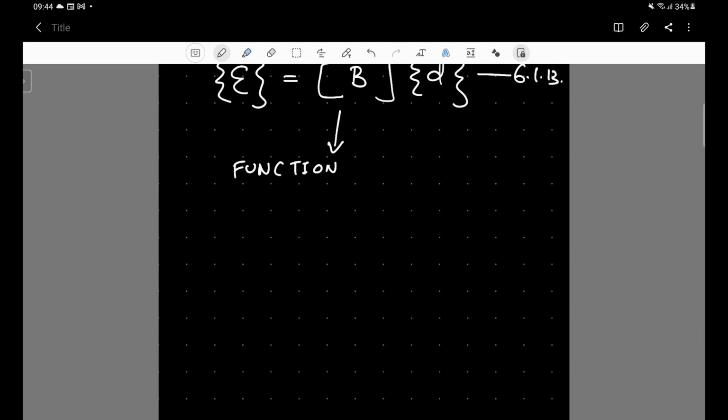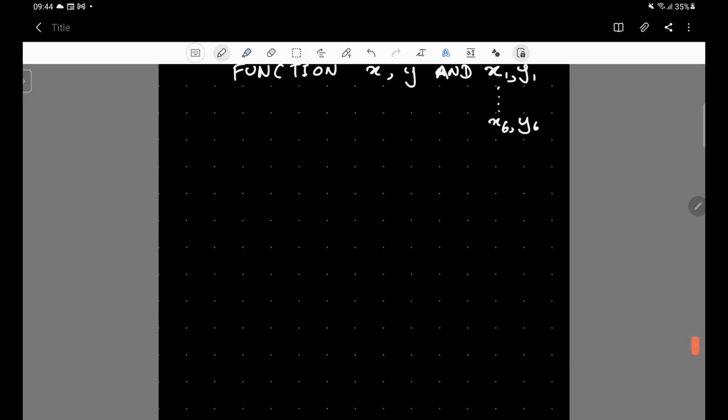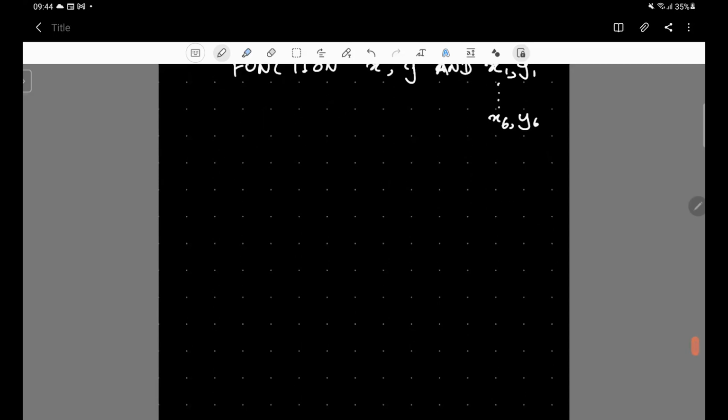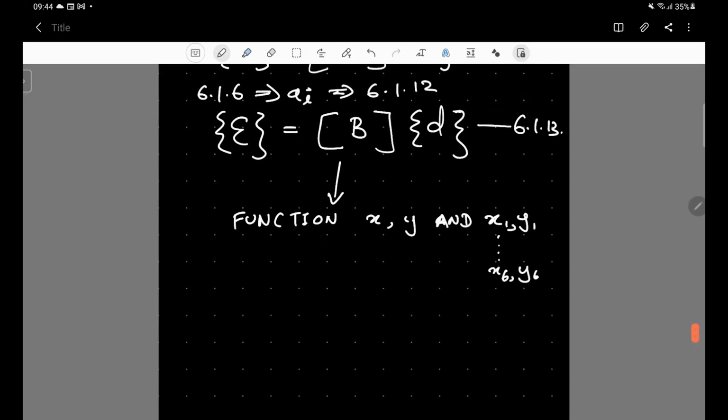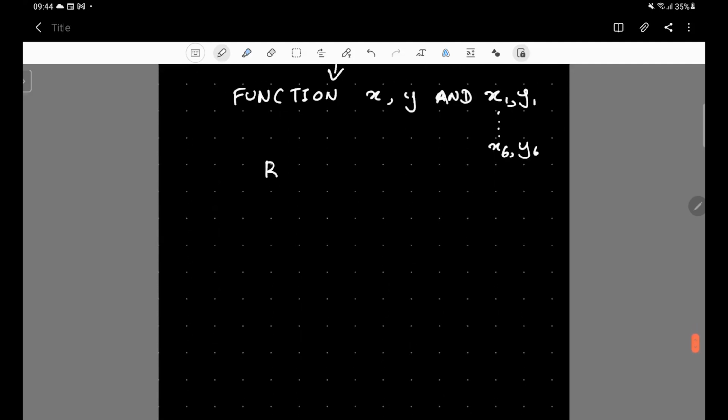So this is a function of x and y, and which will include the coordinates from a1, x1, y1 to a6, x6, y6. So once we know the displacements, the corresponding strains can be calculated by this, so let's call this the B matrix.